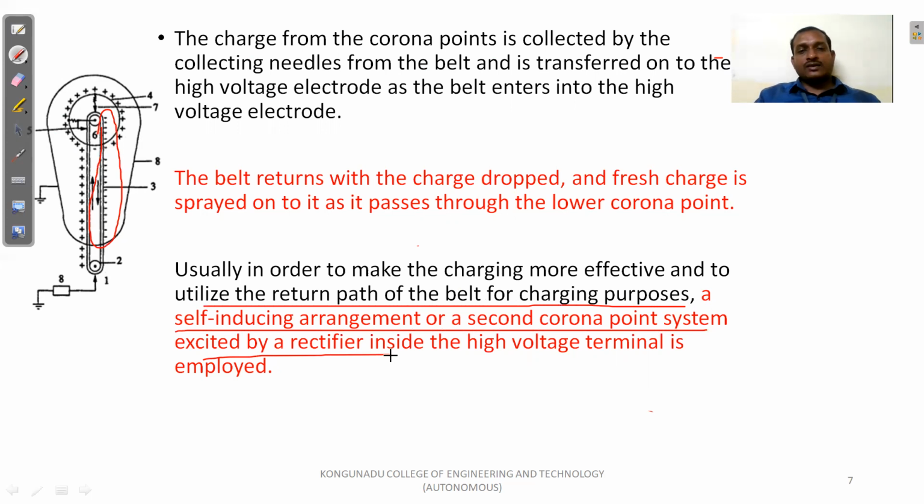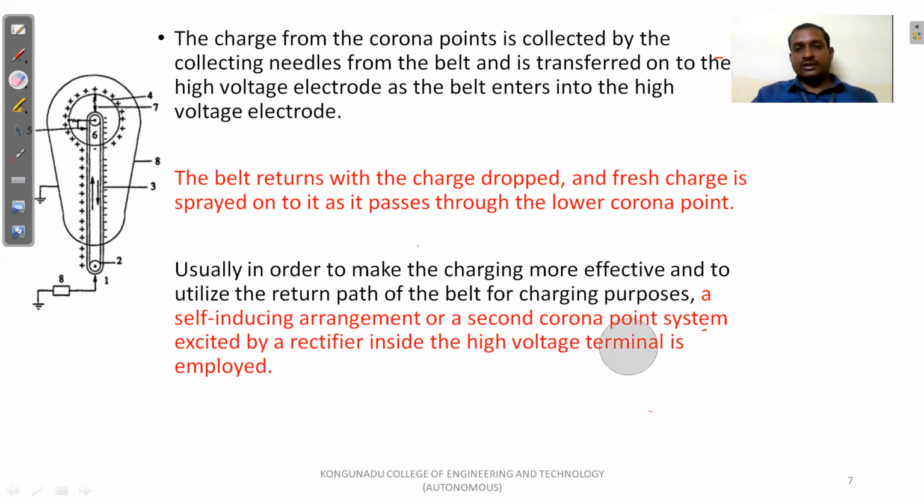The lower spray point sprays the positive charges that are moved to the higher electrode through the belt. The collector collects all the charges, and the negative, that is opposite, charges are sprayed onto the upper spray point. This is useful for improving the charging.